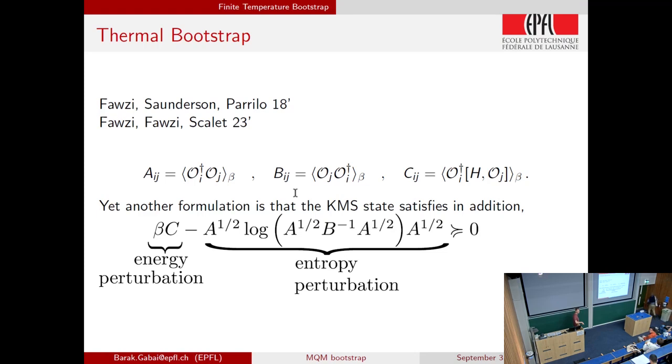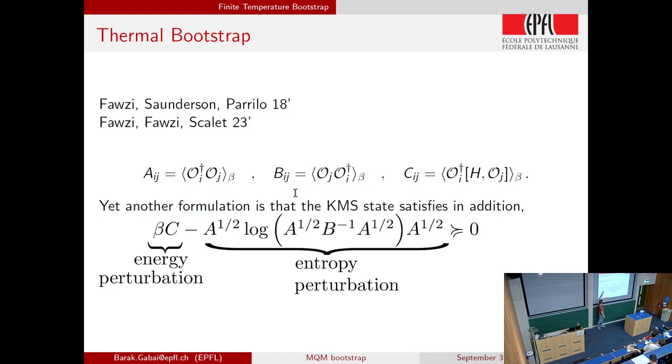Can you just explain what is the derivation of this condition that you wrote? I cannot explain it; I think I'll need another 15 minutes, but I can explain the intuition. The intuition is that this is variation of energy. This is a perturbation. What you want to do is take your state, act on it with something, and then measure the energy, and then compare it to measuring the energy and then acting on it with something.